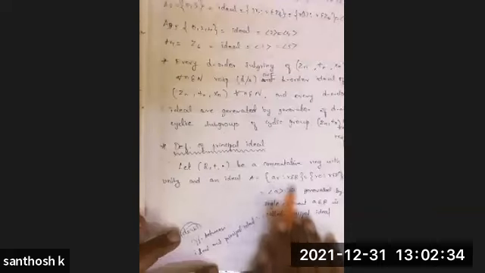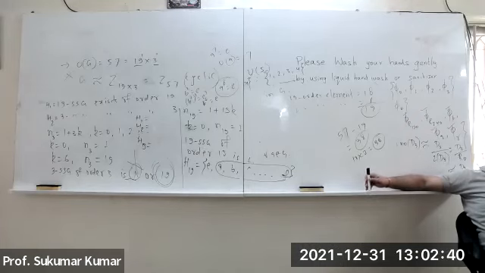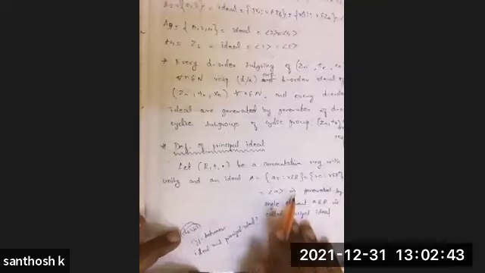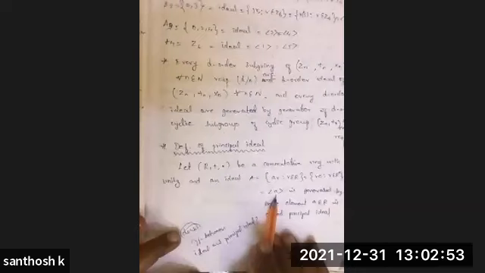Because R is a commutative ring, AR and RA will be the same. So it is generated by A, a single element, and that is called a principal ideal.